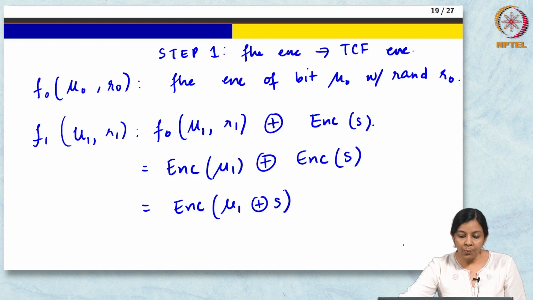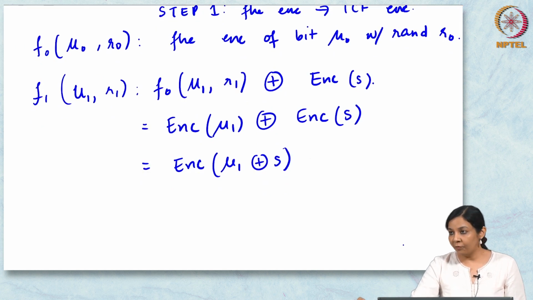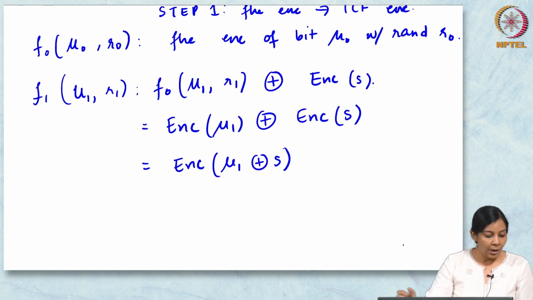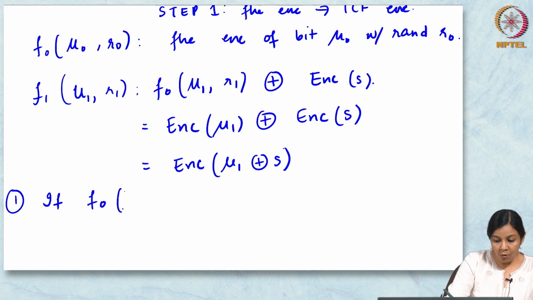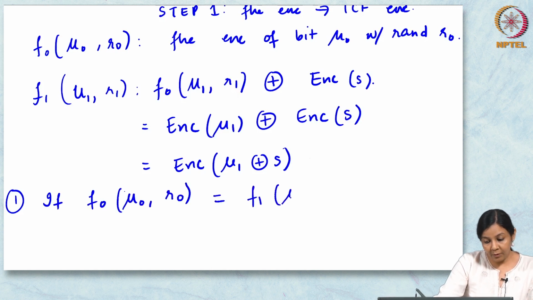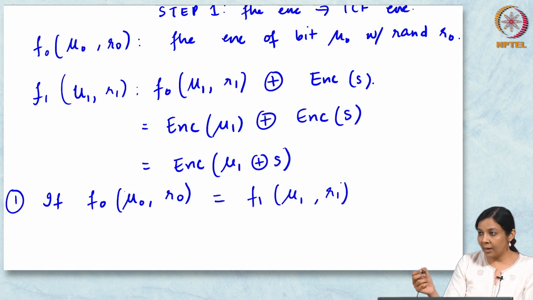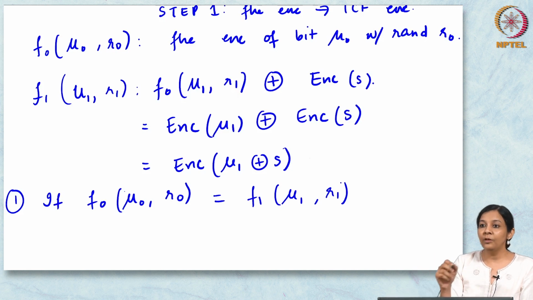Now I want to check the properties of the encryption scheme. The first thing I want to say is that if F0 of mu 0, r 0 is equal to F1 of mu 1, r 1, so if mu 0, r 0 and mu 1, r 1 are a claw, then I want to claim that mu 0 XOR mu 1 should be S, so that it is a TCF encryption.